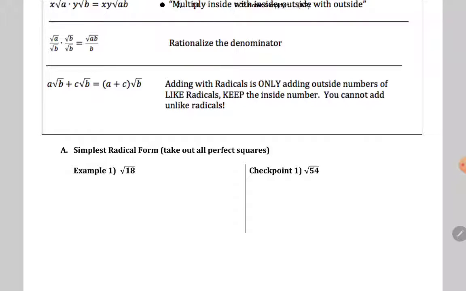So one way to do it is we're looking at 18, and we're going to look at factors that make 18. So 2 numbers that multiply together. An easy one is 9 and 2.